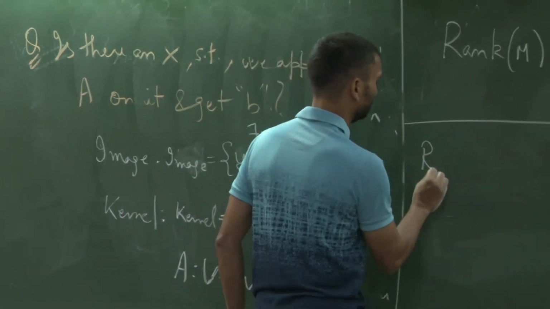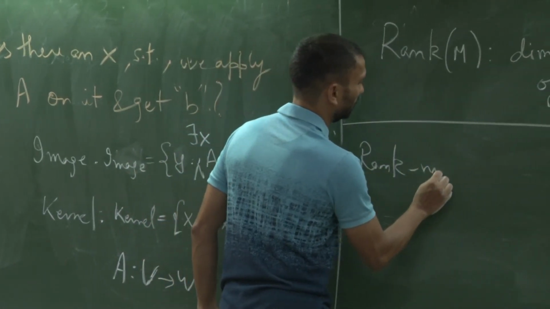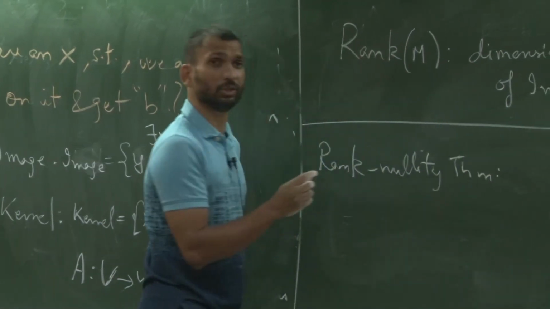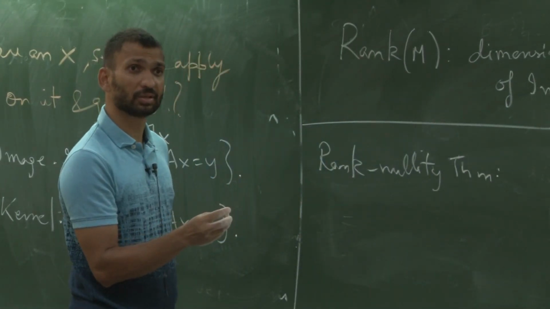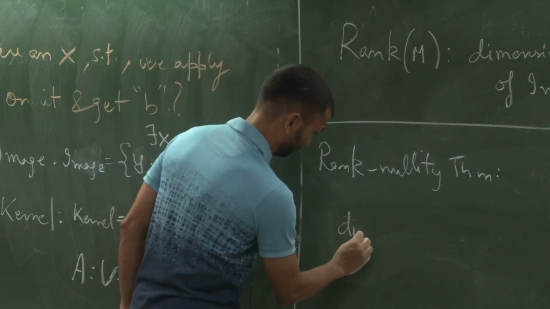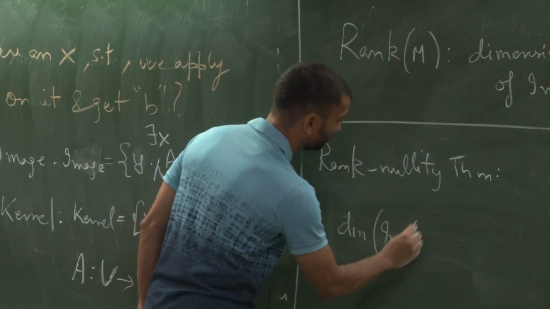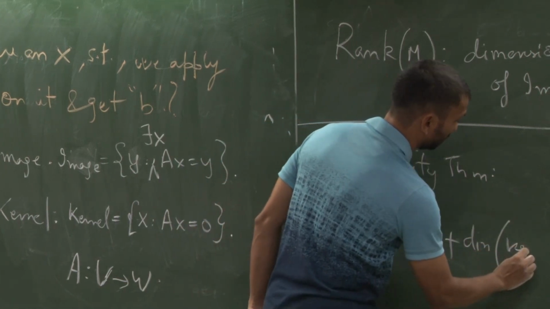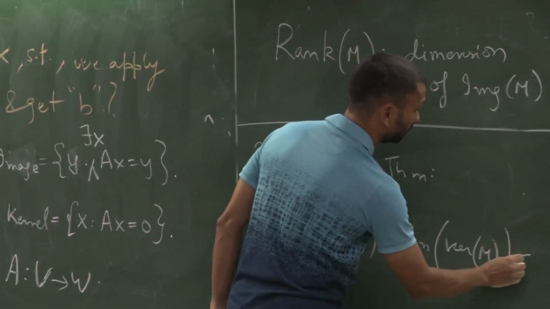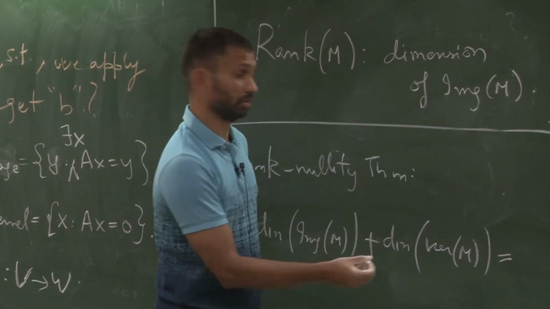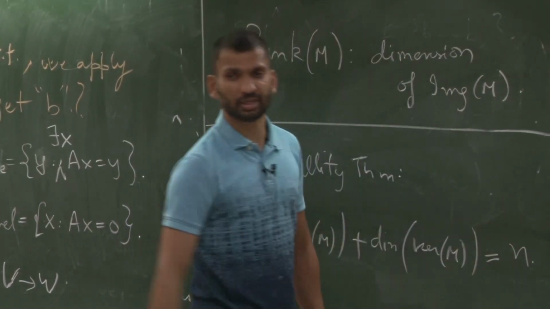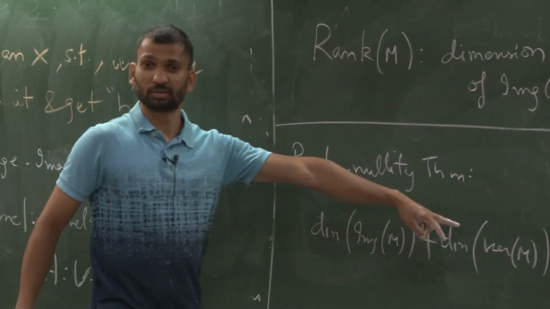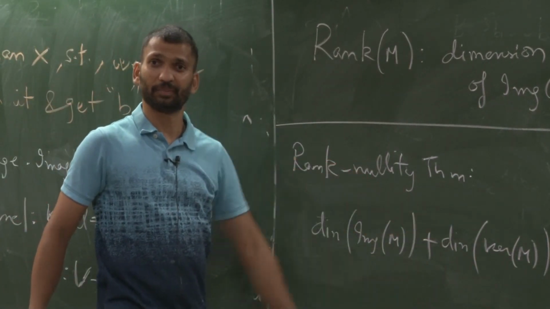And one way to put it is the rank-nullity theorem, right, which says dimension of image of M plus dimension of kernel of M equals n. Let's say M is an m cross n matrix, so V is R to the n.